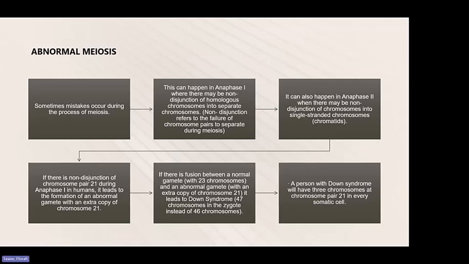So a person with Down syndrome has 47 chromosomes instead of the normal 46.